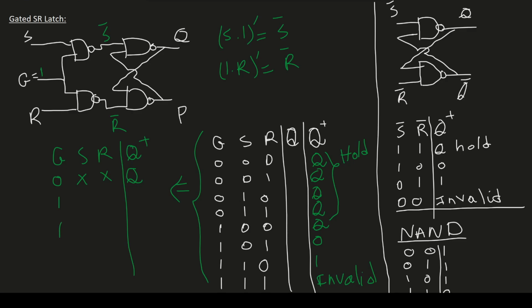When G is 1, we have 4 possibilities. It acts the same as the SR latch using NAND gates. So we have 0, 0, we hold the state. 0, 1, we set it to 0. 1, 0, we set it to 1. And then 1, 1 is our invalid.